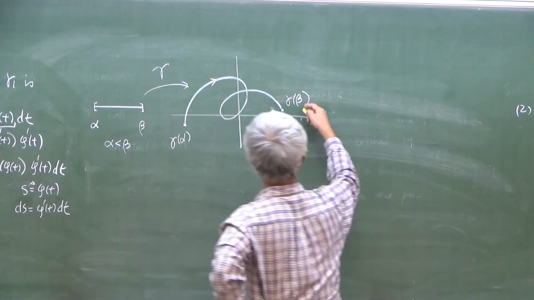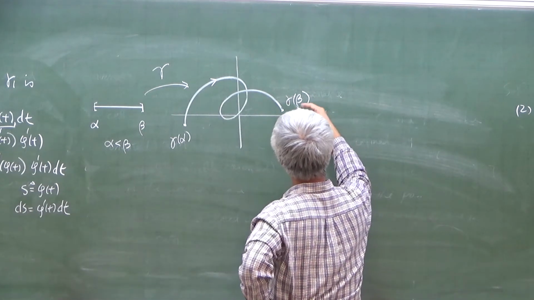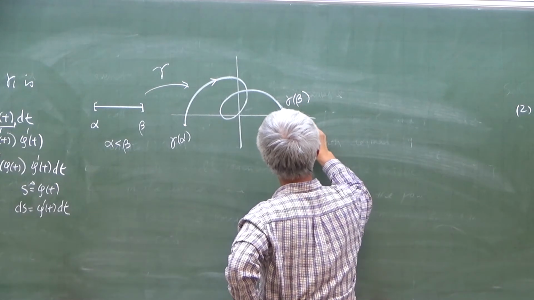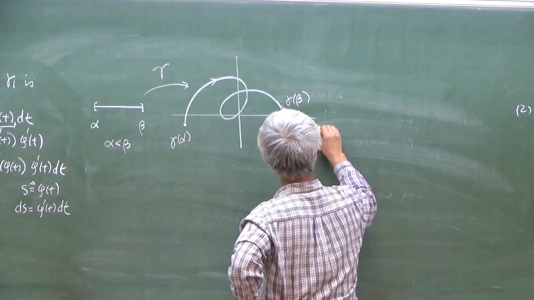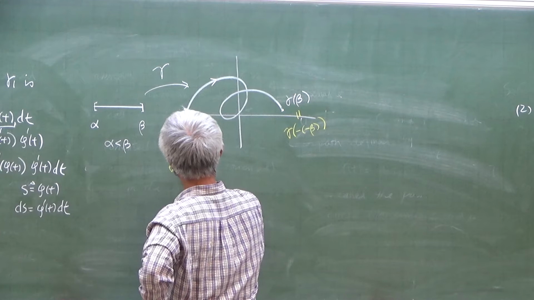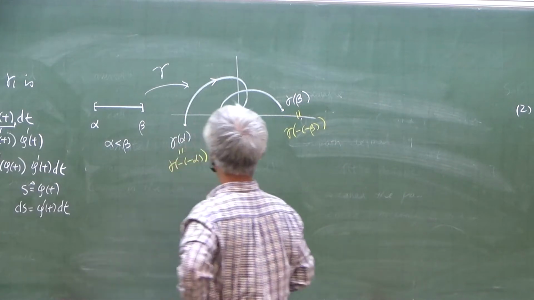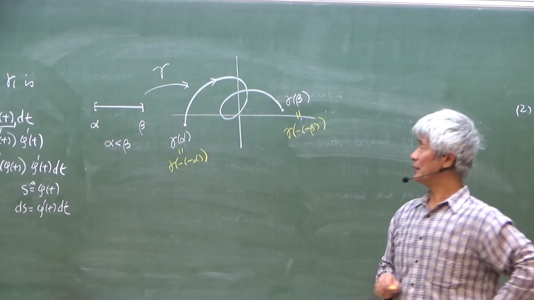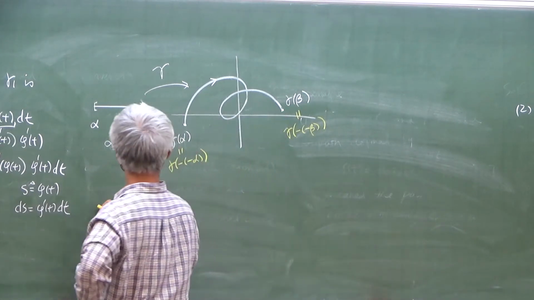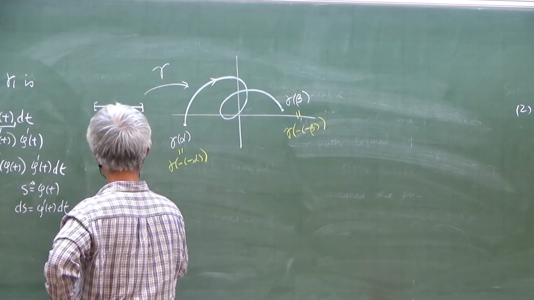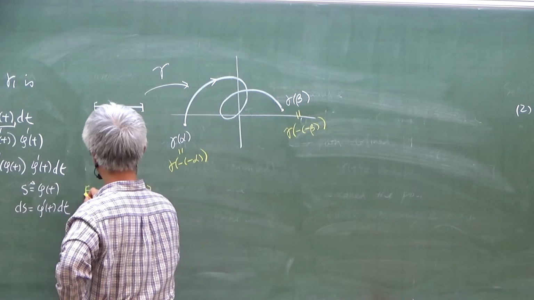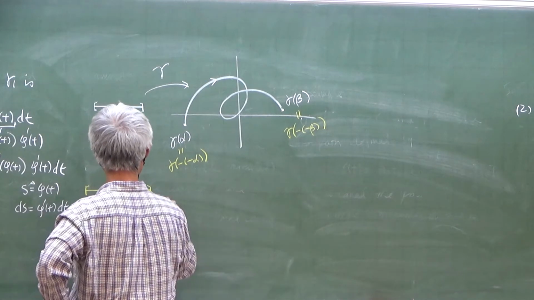We can think about minus beta, and this one we can think about as minus alpha. Because alpha is less than beta, minus beta is less than minus alpha. So we have another interval from minus beta to minus alpha.